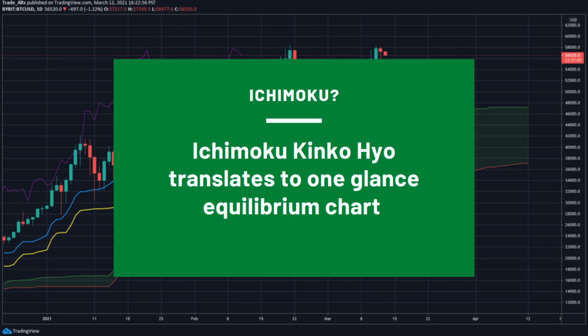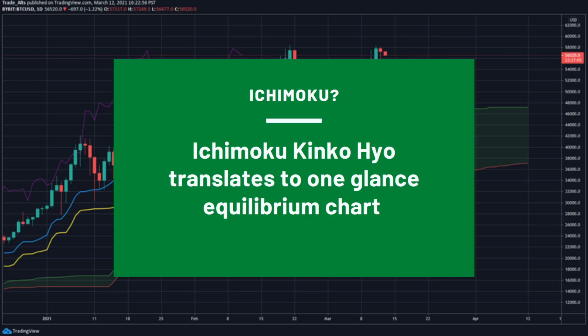All right, so let's get started. So what is Ichimoku? What does it mean? So Ichimoku Kinko Hyo translates to one glance equilibrium chart, basically telling you that within a few moments, any chart that you look at, you're going to be able to decipher whether it's bearish or bullish very quickly.